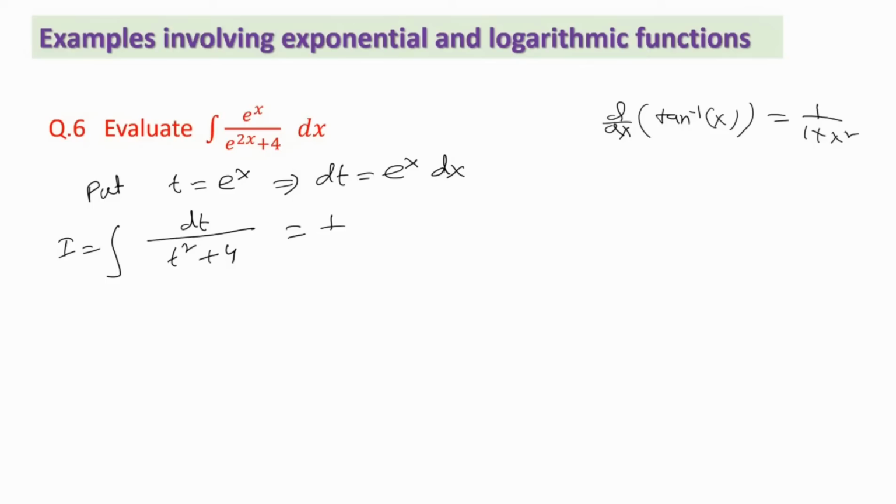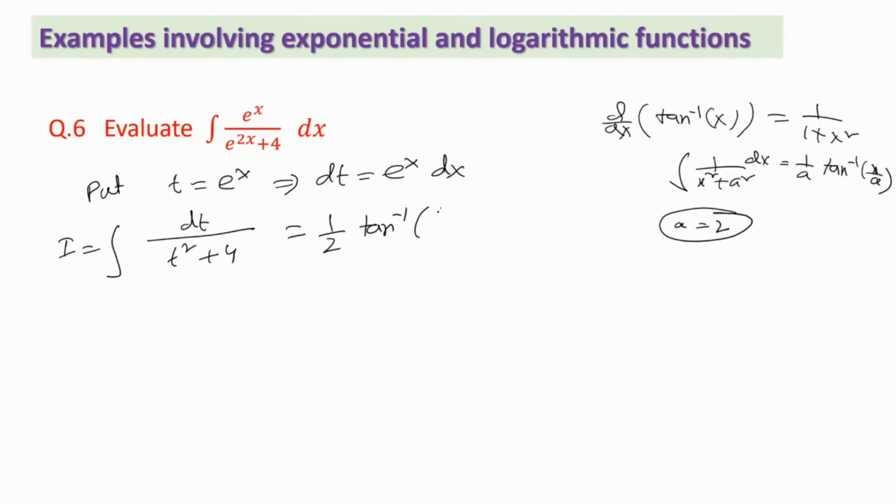We know that the integral of 1 over x squared plus a squared dx is equal to 1 over a tan inverse of x over a. In this case a is equal to 2, so here 1 over 2 tan inverse of t over 2 plus c. So this is equal to half tan inverse of e to the power x over 2 plus c.